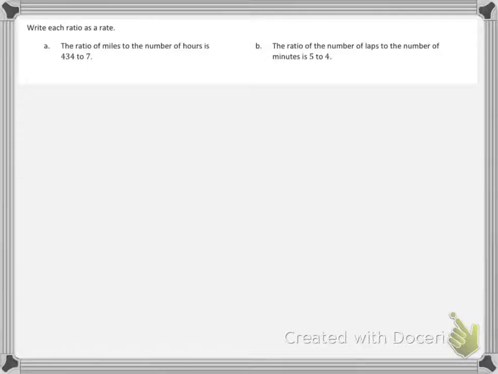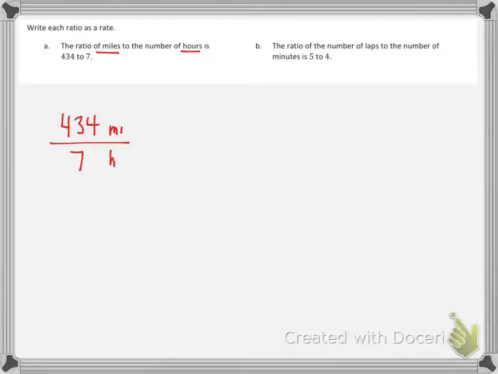The ratio of miles to the number of hours is 434 to 7. So I'm going to write that in fraction form, 434. The first thing I'm talking about is miles, so this is miles on the top, over 7, and the second thing we're talking about is hours.